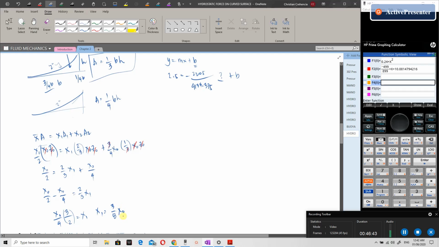Okay? Which is equal to, this is 3. Yung x1 natin is 3. So, magiging 9/8. Okay? So, this is 9/8. Okay, so let's solve for the value of y-intercept p.